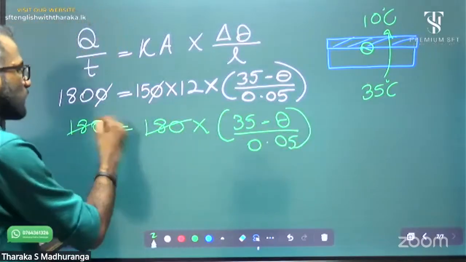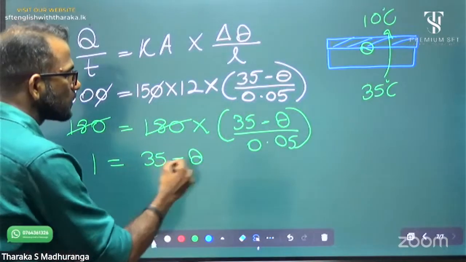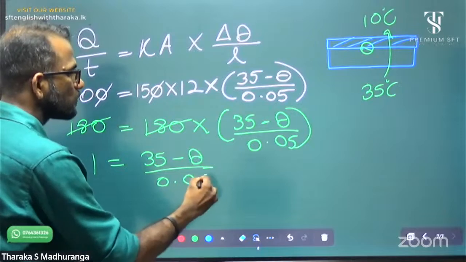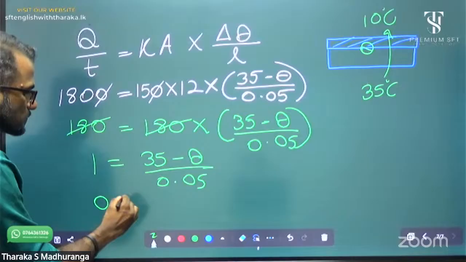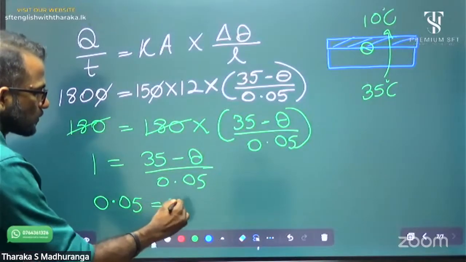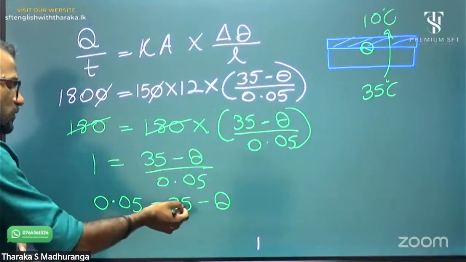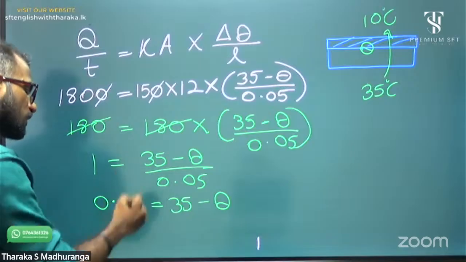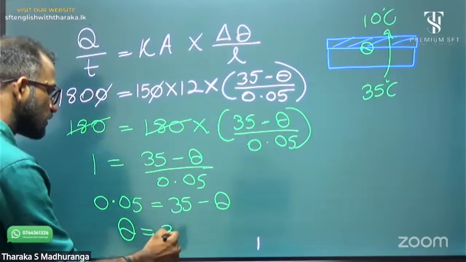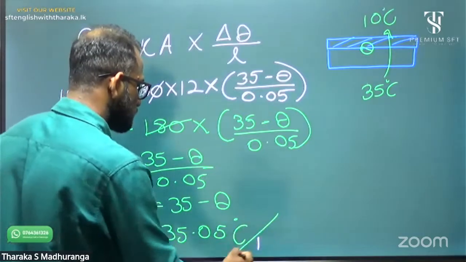Now 180 to 180 cancel out. 1 equal 35 minus theta divided by 0.05. Now cross multiplication, 0.05 equal 35 minus theta. Now 0.05 goes to this side and theta to this side, theta equal 35.05 Celsius.